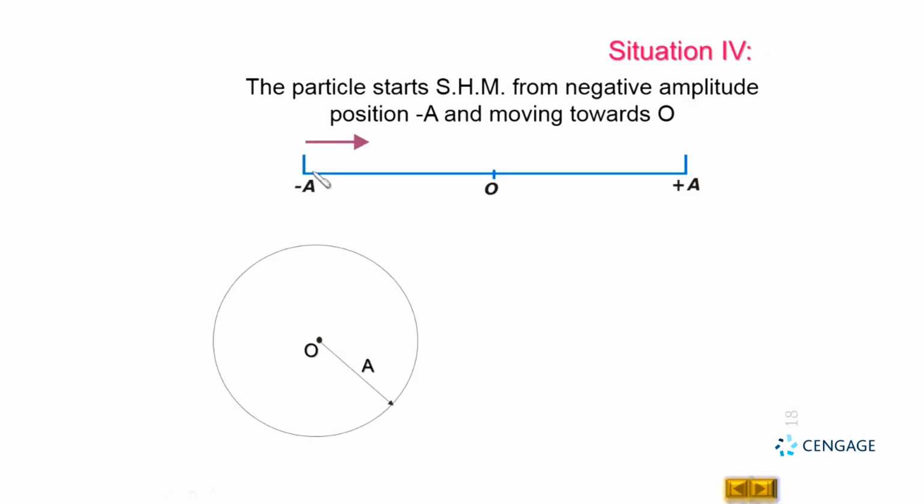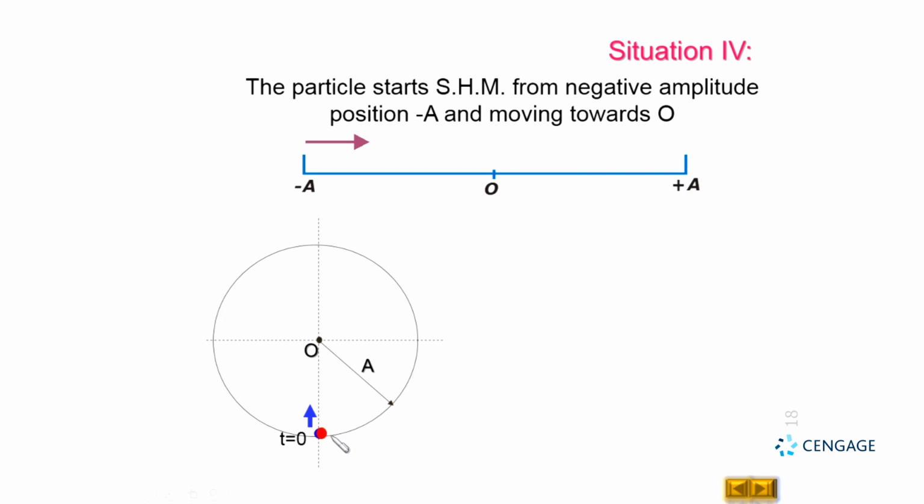That means the corresponding position of the point should be at the bottom point here. So this is the position of the particle on the circle.